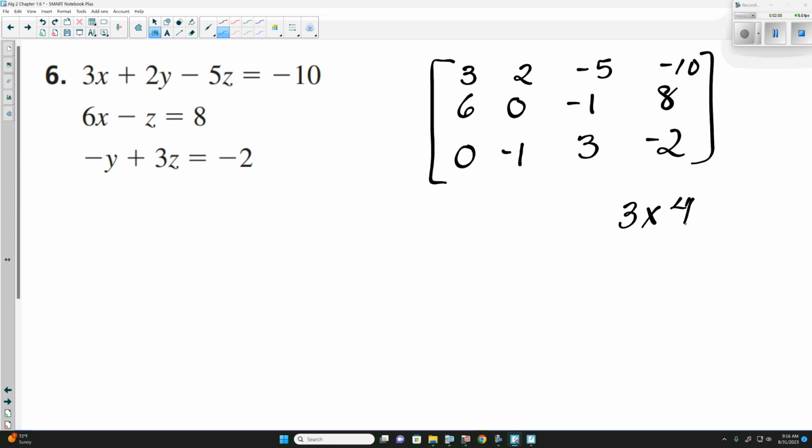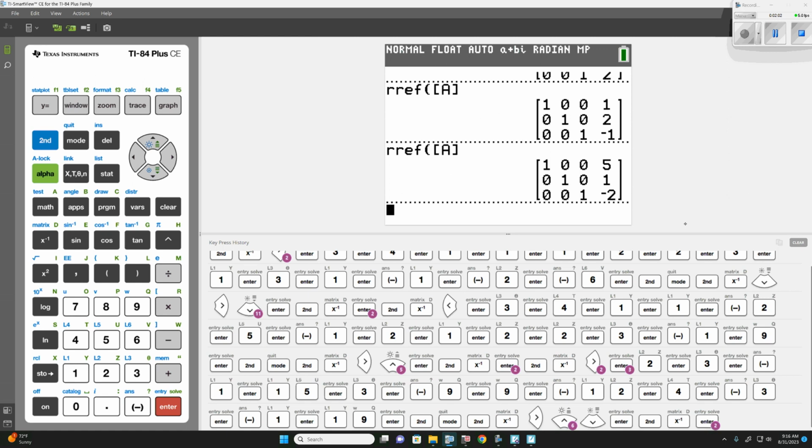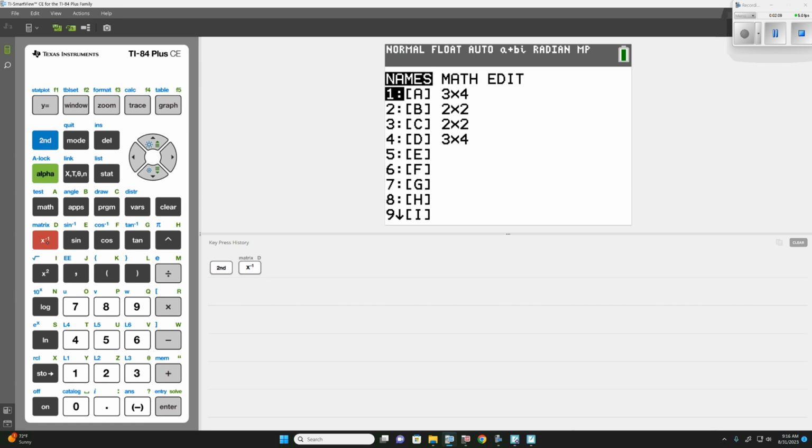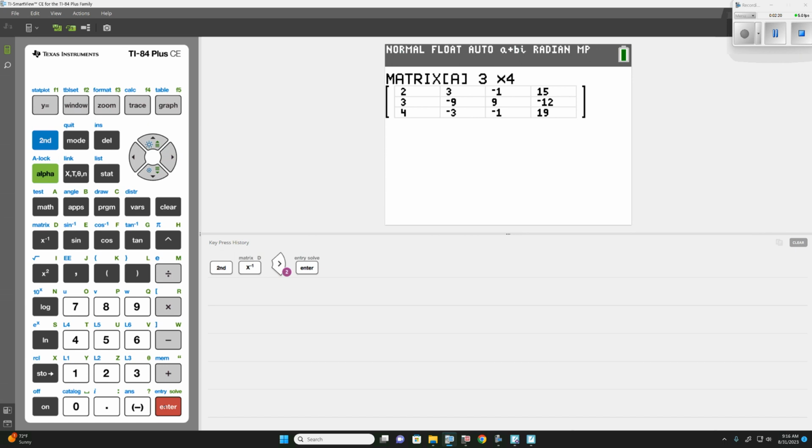Now at this point here, we'll get the graphing calculator out. So the first thing we need to do is hit second matrix, second x to the -1. We're going to go over to edit and hit enter to edit matrix 1. Now for most all the graphing calculators at this point, it is going to be a 3 by 4, and most of them are already set up in that form.